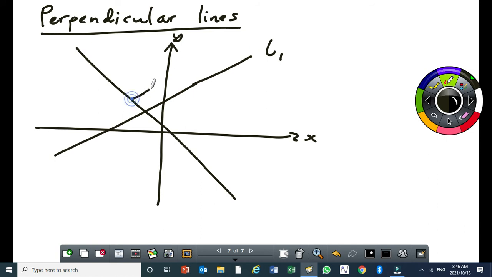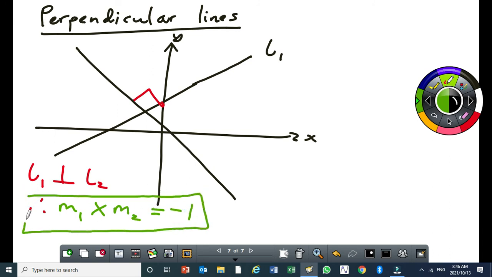So if the two lines are perpendicular, what this means is that L1 is perpendicular to L2. Therefore, M1, remember M stands for gradient, right? M1 times M2 will be equal to -1. That's also very important.